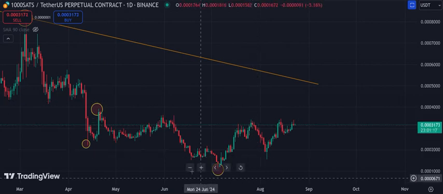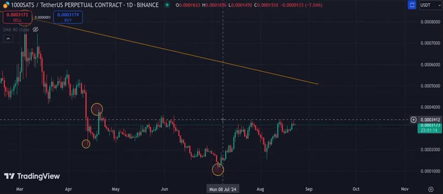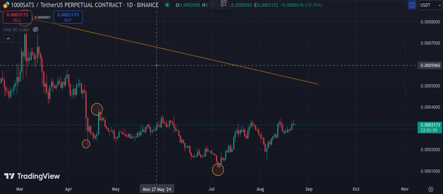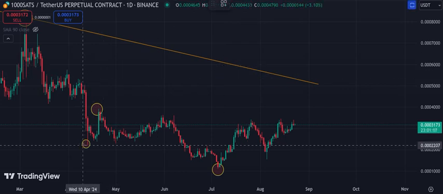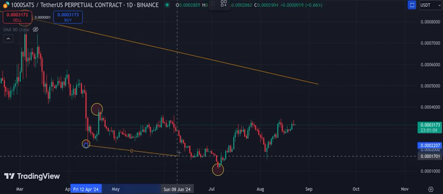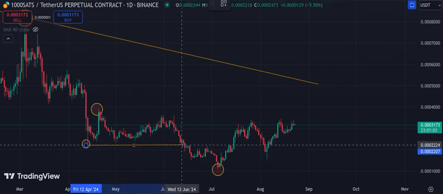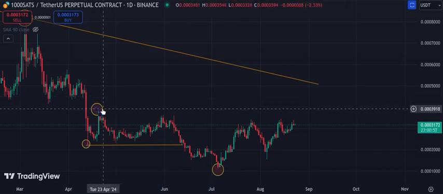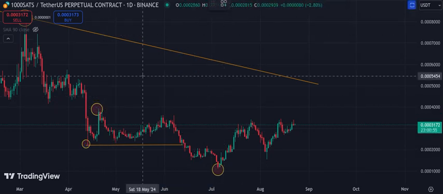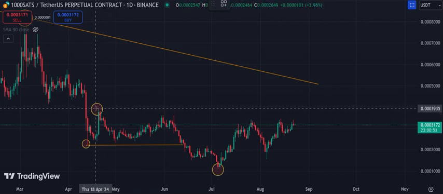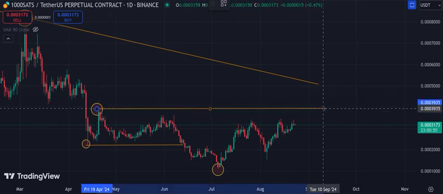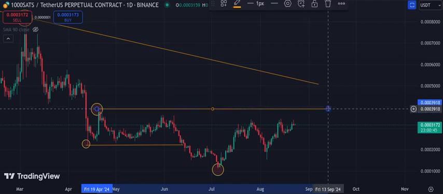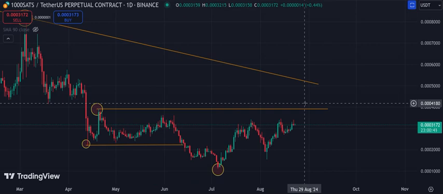So as we can see here, after this break over here, this is the most recent high. This point here is the most recent high. So once the market breaks this high, we'll say the market is looking for the upside.